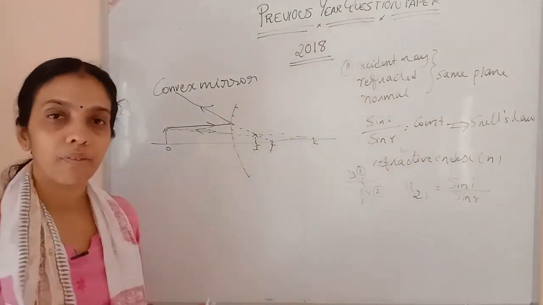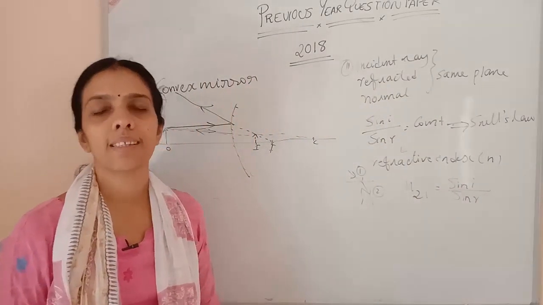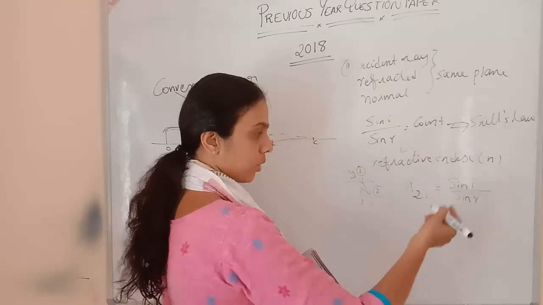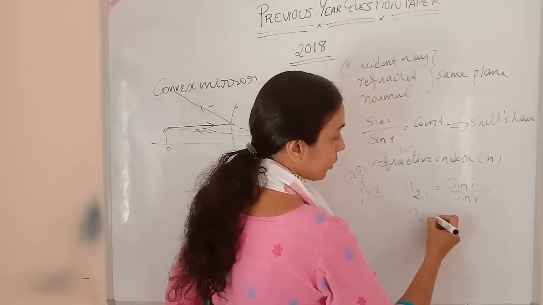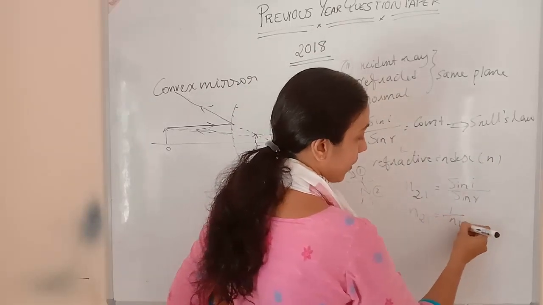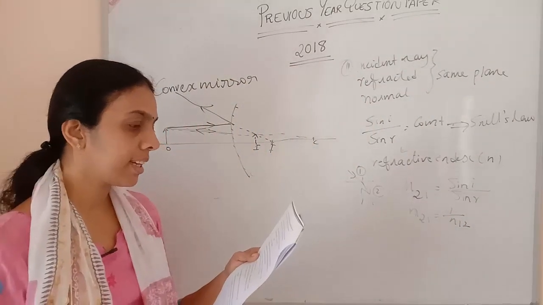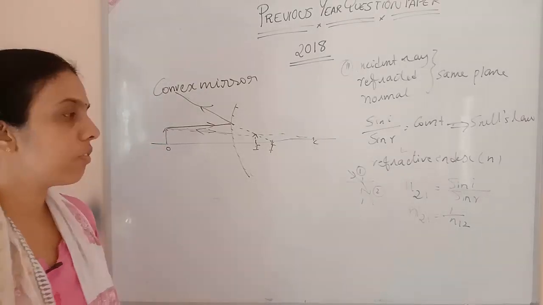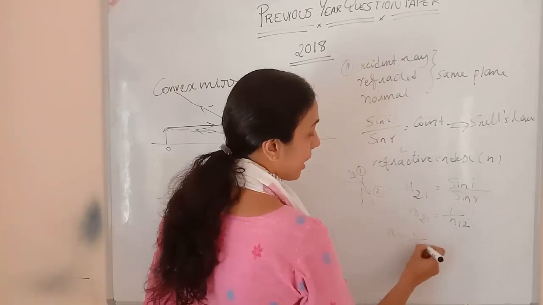First medium to second medium will be the opposite. That means n21 is equal to 1 by n12. Then one more question was there: write an expression to relate it with the speed of light. So refractive index n is equal to c by v.